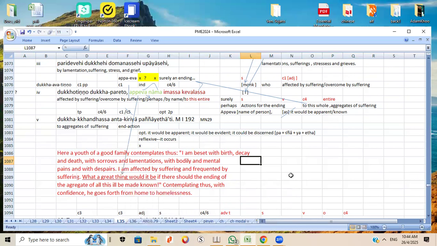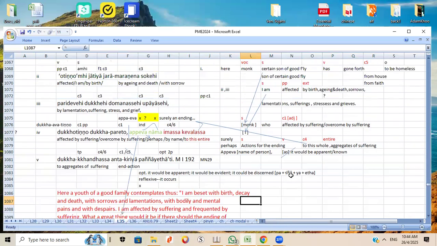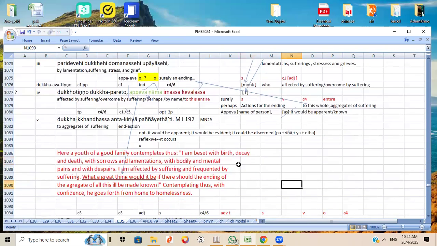Can I ask, where do the open inverted commas and close inverted commas in the answer start from? Here: a son of a good family contemplates thus. It didn't show because in English, when you say contemplate this, then you have to open inverted commas already.